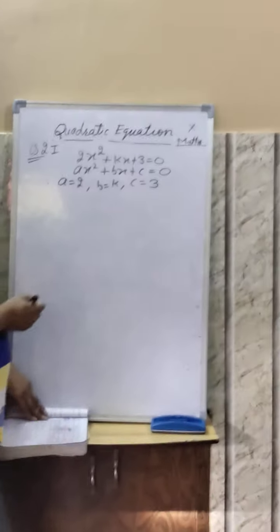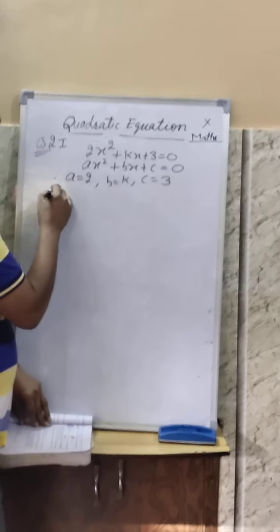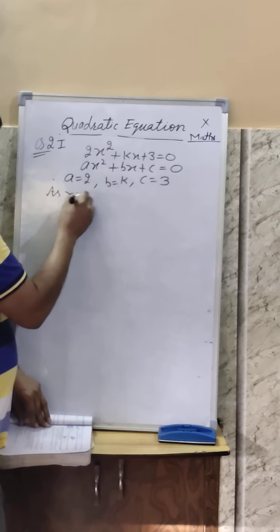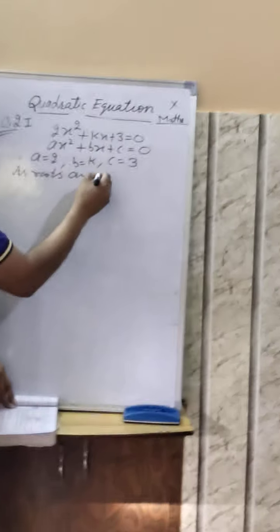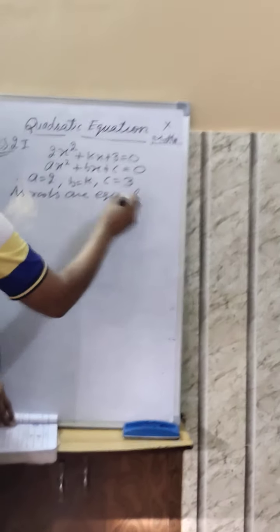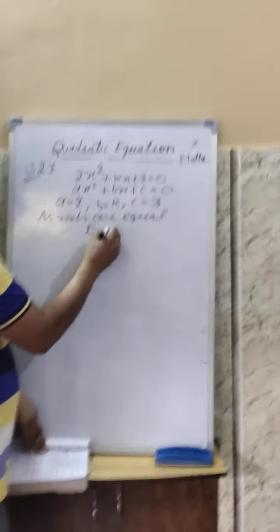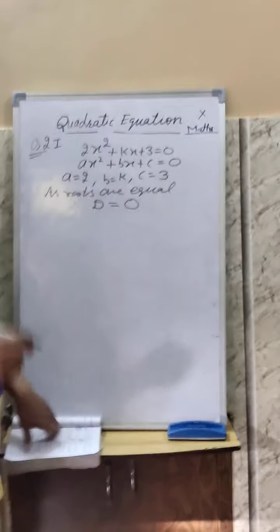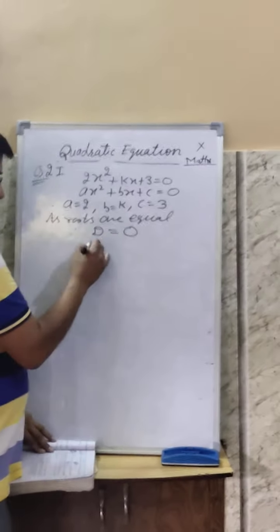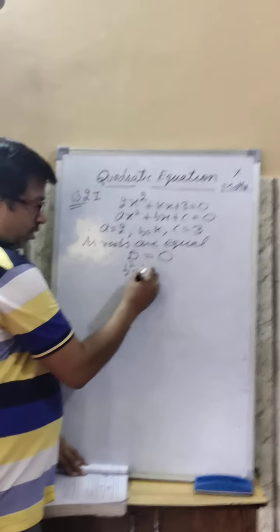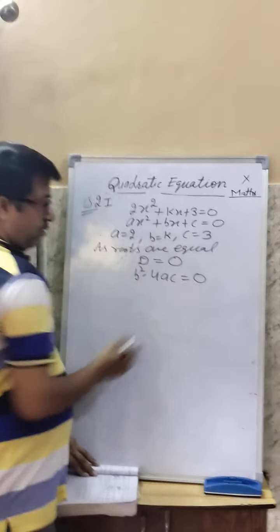So what do you say? As roots are equal, therefore the discriminant is equal to 0. D means b square minus 4ac equal to 0.